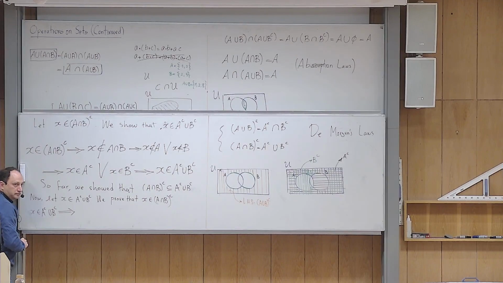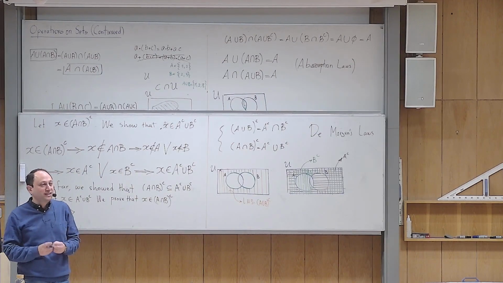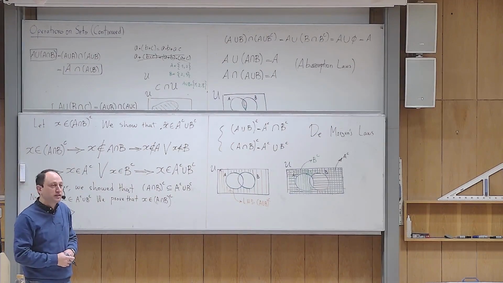It's not hard, by the way. No, just don't jump into the conclusion. X belongs to the union of two sets. I'm just repeating it. This means forget about the names. What is an immediate consequence of this?